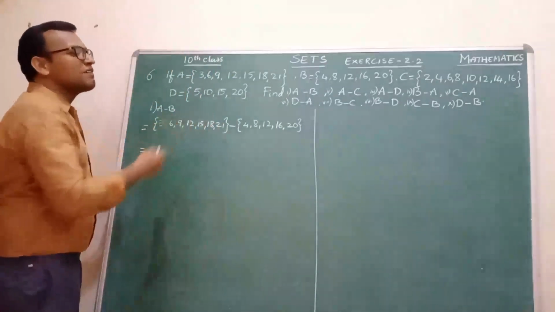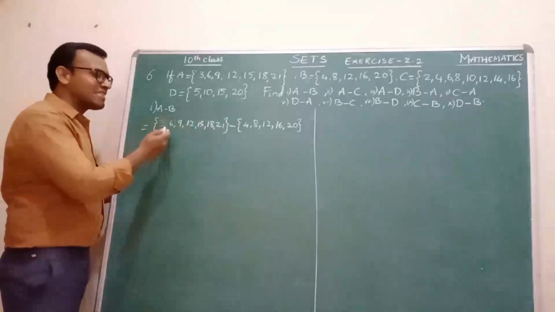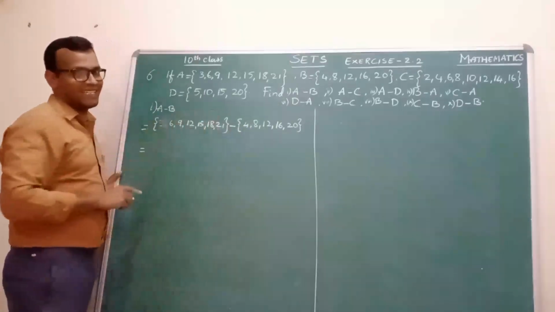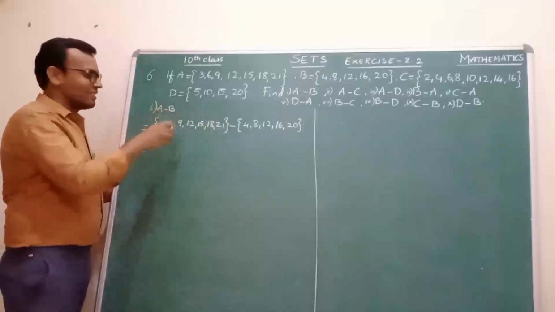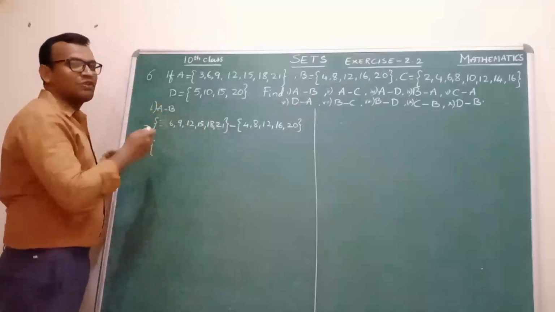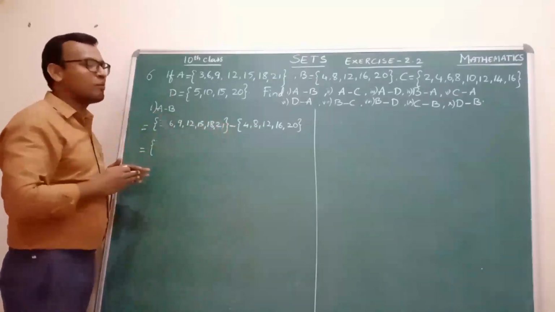So the difference of sets is nothing but writing the elements of the first set but not the second one. So x must belong to A but not B. So what elements are there? To write that, if B should not be there, we have to cancel the common elements.